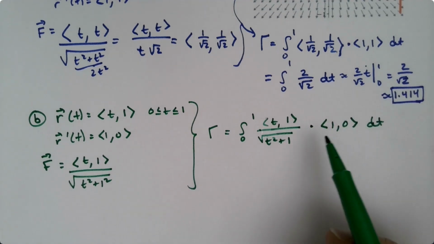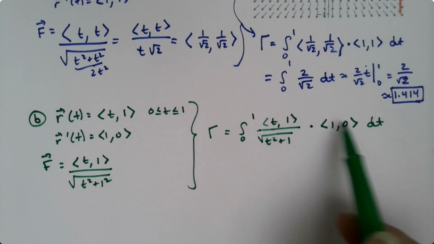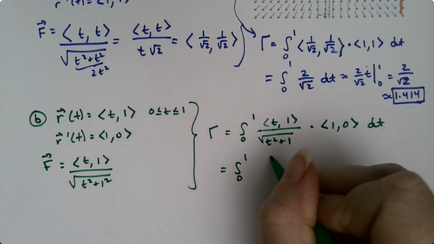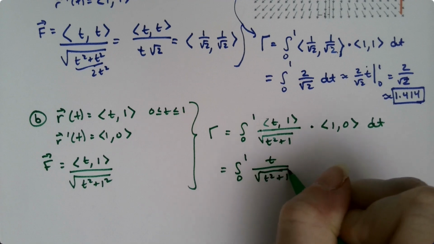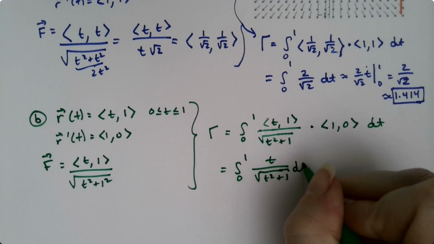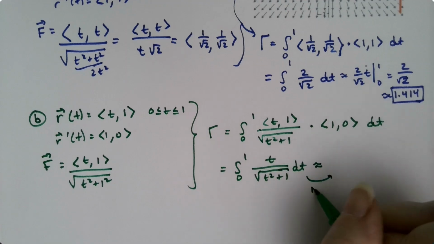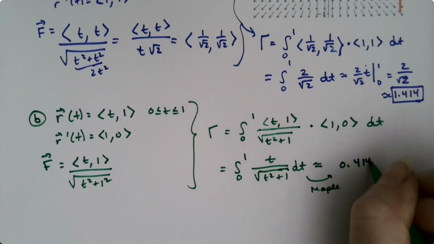All right, so 1 times t is t over this thing, and 0 will be 0, so we don't worry about that. So that's the integral from 0 to 1 of t over the square root of t squared plus 1 dt, which we can do with Maple, and we'll get 0.414.